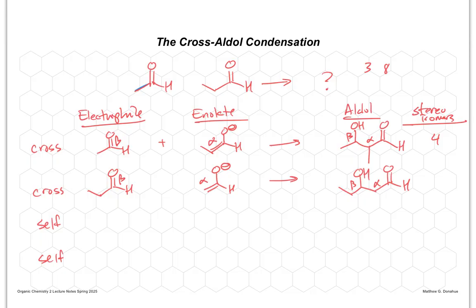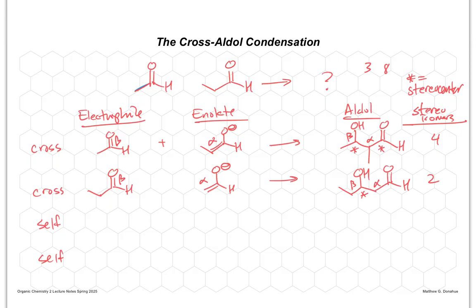And we see that that only has 1 stereocenter. So the asterisk is a stereocenter. So that gets us 2. So we're up to 6.